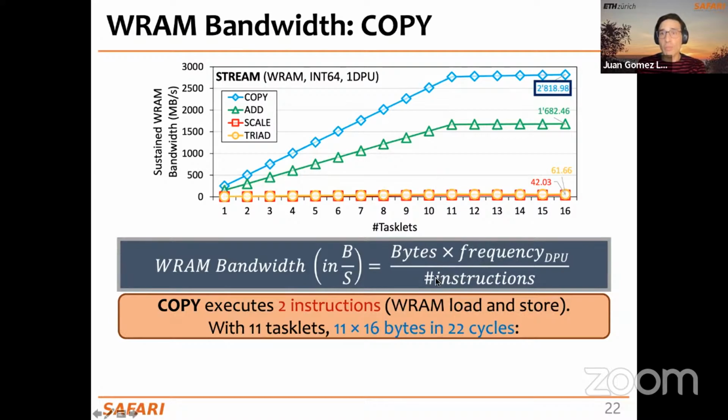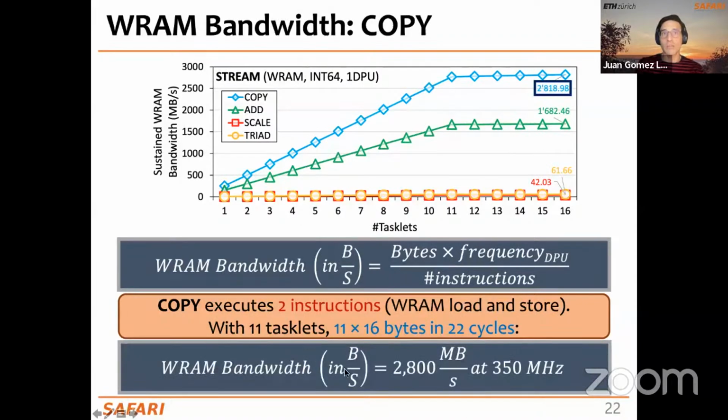And if the pipeline is full, meaning we are using 11 or more tasklets, we are going to need a certain number of cycles to move a certain amount of data. So if we have 11 tasklets, in one iteration of the loop we move in total 11 times 16 bytes, and we need 22 cycles to do this, because with 11 tasklets and 2 instructions, we need to wait 22 cycles for the operation to be completed.